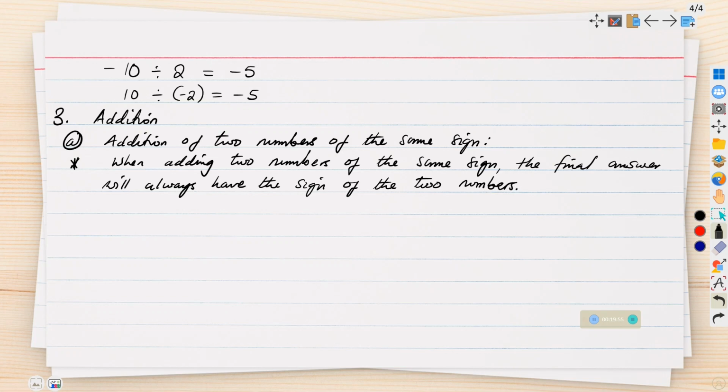Yeah, so if you are adding two numbers of the same sign, then the final answer will have the sign that those two numbers have.